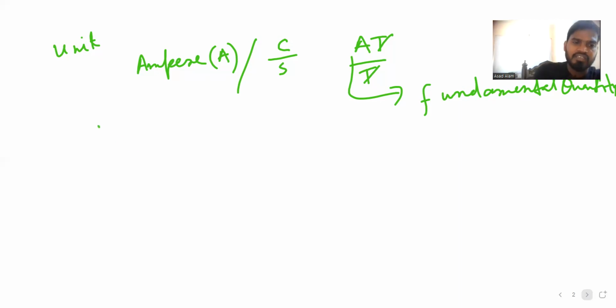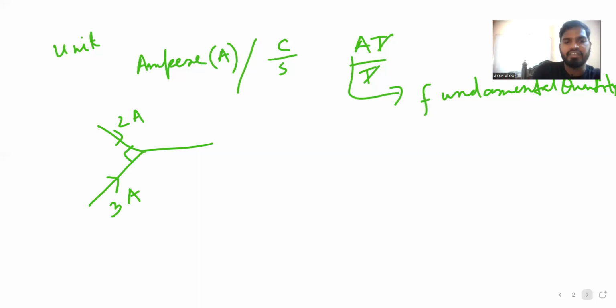Let's see whether it is a scalar quantity or a vector quantity. Suppose current is flowing like this. This is 2 ampere and this is 3 ampere at an angle of 90 degrees.